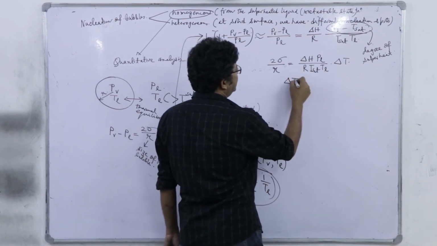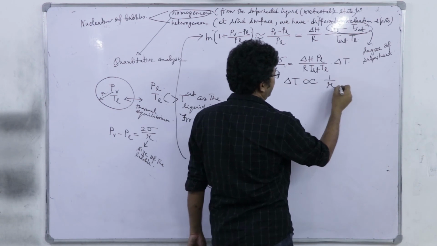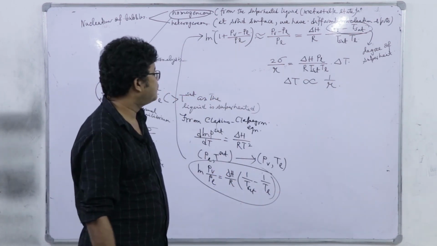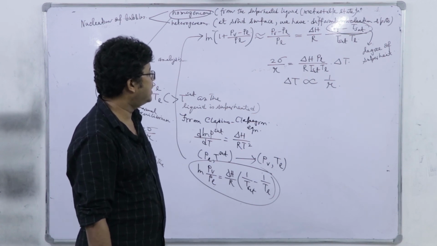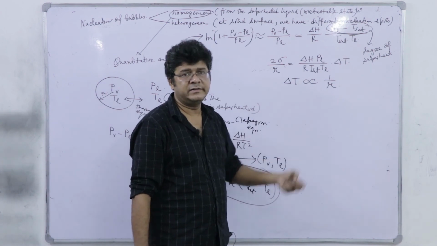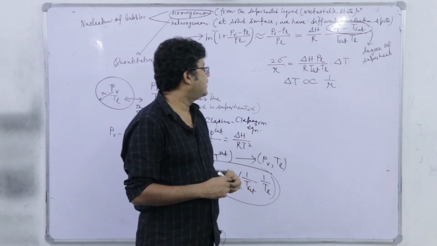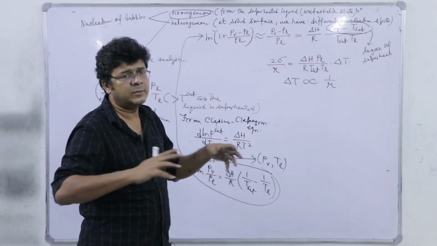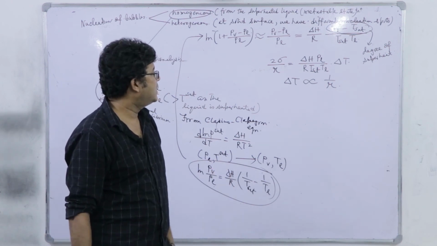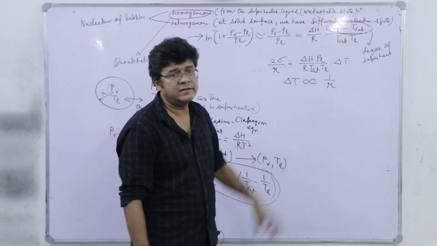So delta T is proportional to 1 by r. What does it mean? As you go on increasing the superheat, the radius of the stable bubble will decrease. That means the system can sustain smaller and still smaller size bubbles, depending on the degree of superheat.